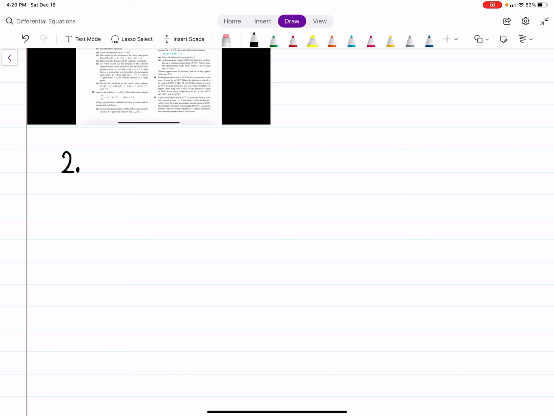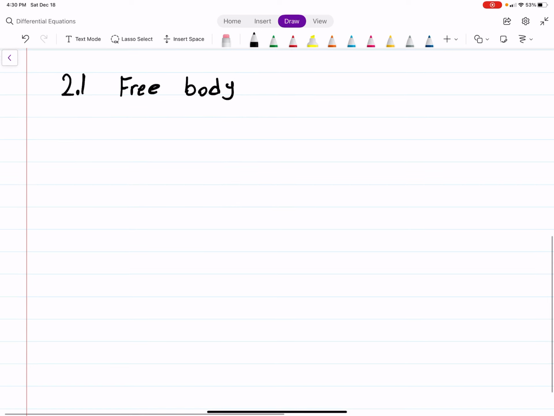And we'll start with 2.1, which is a free body. That was my computer, sorry. Or a falling body. I say free because it's a simple example, a little bit of a simplification. Newton's second law tells us that force is equal to ma, and we've expressed this before in different terms.